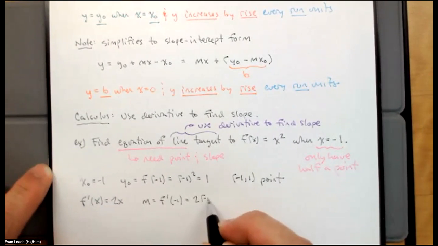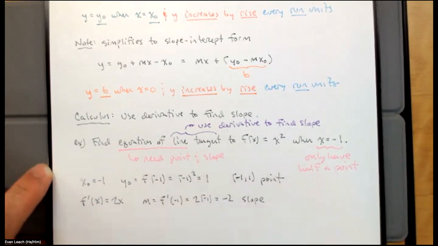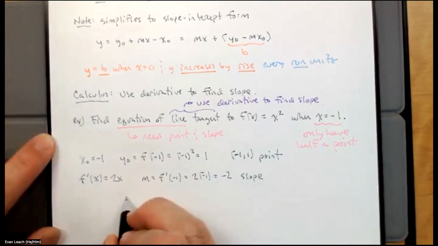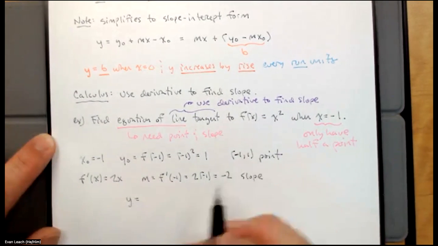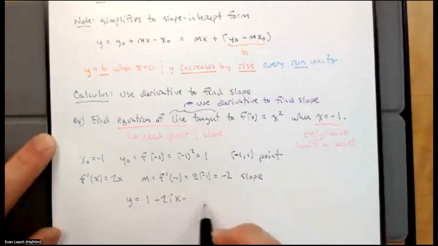So 2 times -1 is -2. Now we've got a point and a slope. We can just write into the formula: y naught plus m times x minus x naught.